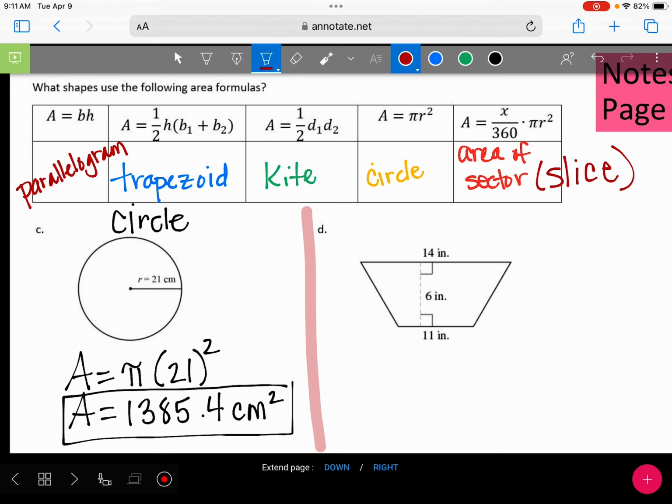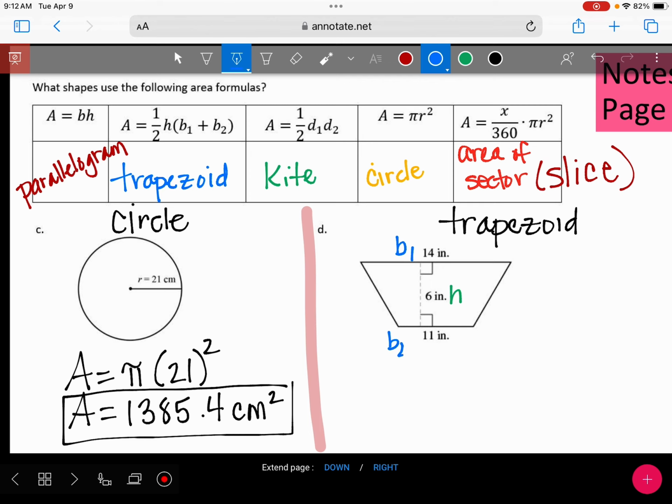Raise your hand if you think it's a parallelogram. Who thinks it's a trapezoid? All right, good. So it's a trapezoid. So we know that, I'm going to write trapezoid. The height, this is the height.